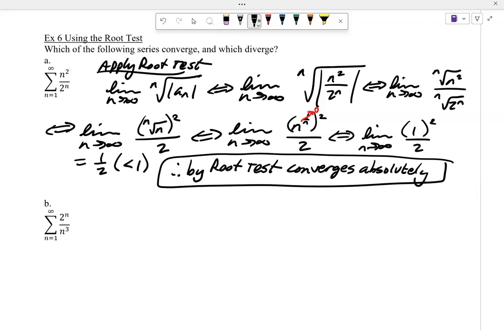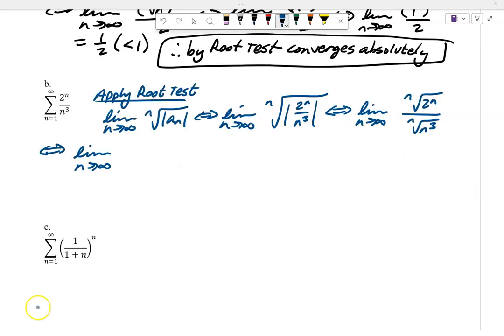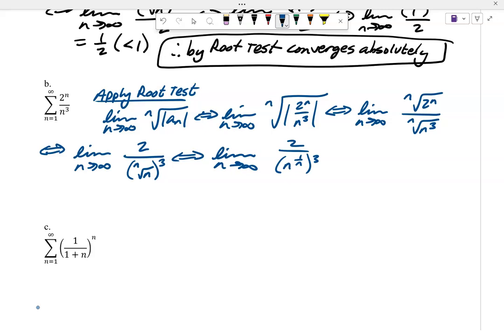These next two are really good practice problems if you want to pause it. All right, so I've stretched out the limit of the nth root for the first couple steps here. I'm at the point where I have the nth root of 2 to the n, so that just gives me a 2 on the top. Let me rewrite this as the nth root of n to the third. So you get the limit as n goes to infinity of 2 over n to the 1 over n to the third. And we know this part goes to 0.